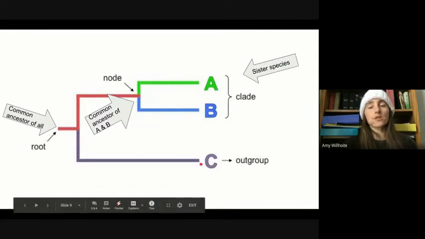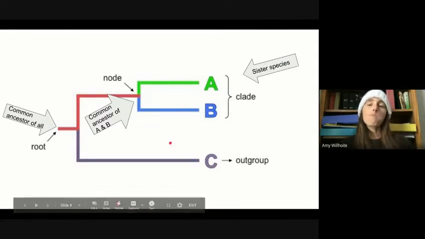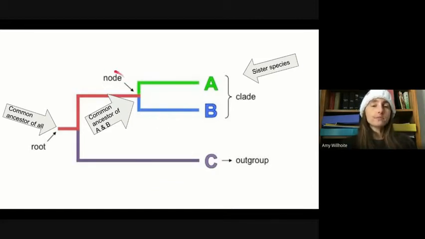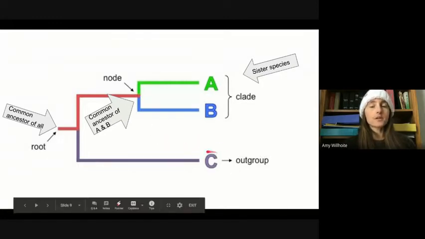Okay, I need you to know node, that is called a node where you have a branch point. I need you to know that this is an outgroup because it's the least related to all the rest. So basically it diverged all by itself. Okay, so I need you to know the outgroup term. I need you to know node.